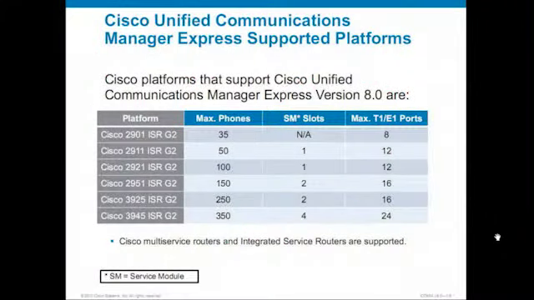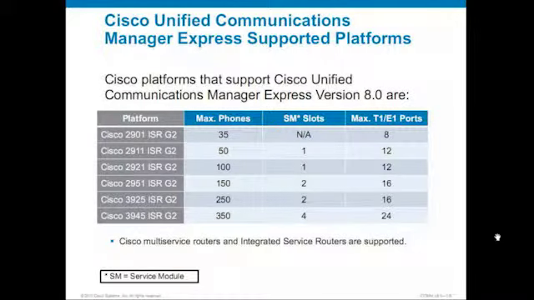So in this table, we're seeing all the different models of the Integrated Services Router Generation 2 that support Communications Manager Express. On the low end, we have the Cisco 2901 ISRG2, which supports a maximum of 35 IP phones. On the high end of the spectrum, we have the Cisco 3945 ISRG2, and this is the unit that supports up to 350 phones.